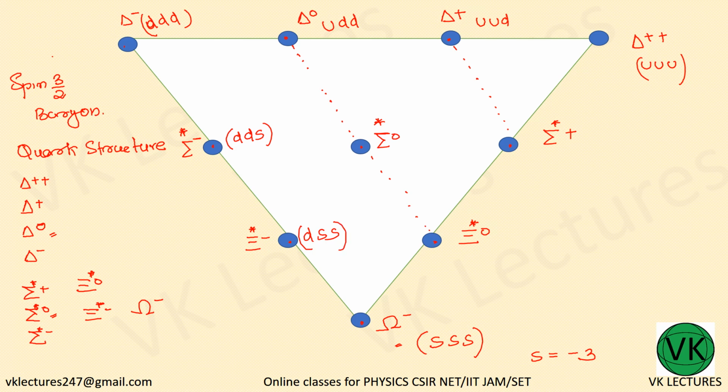Now from SSS to UUU: SSU, SUU, and finally you reach UUU. And the middle one you have sigma naught star, which is the combination of UDS.